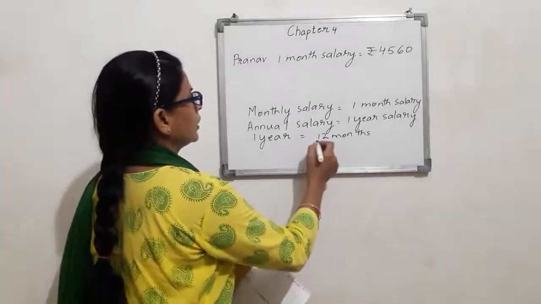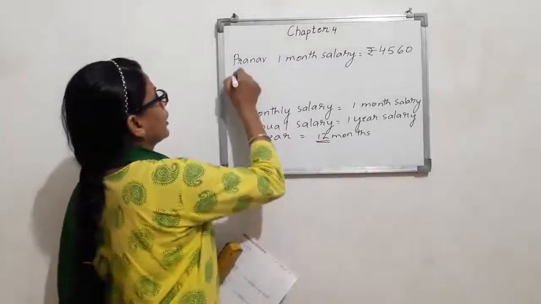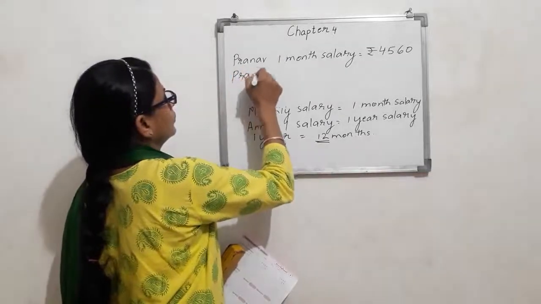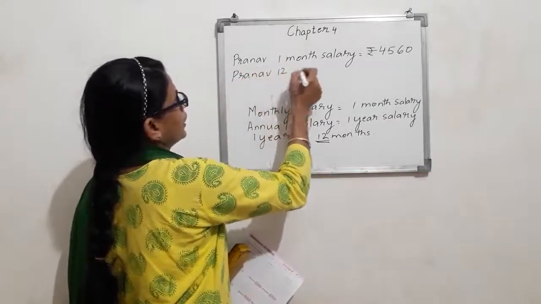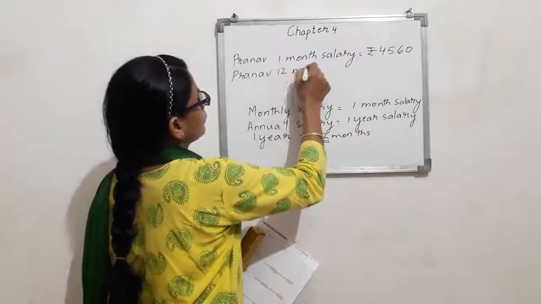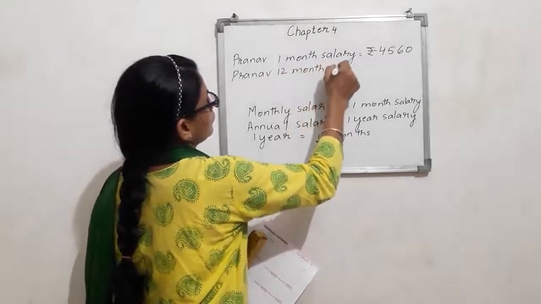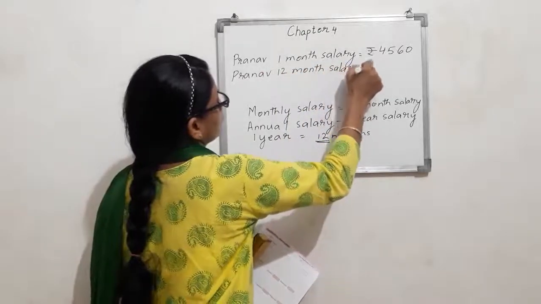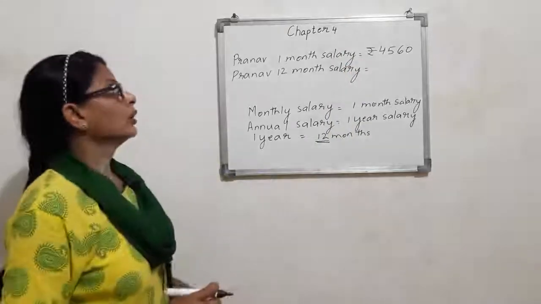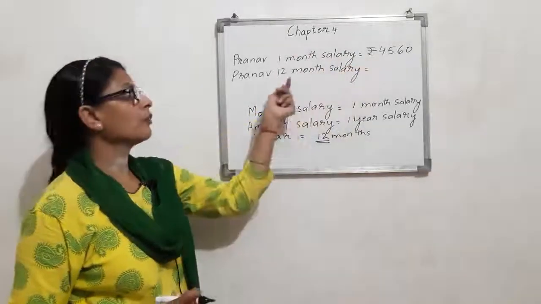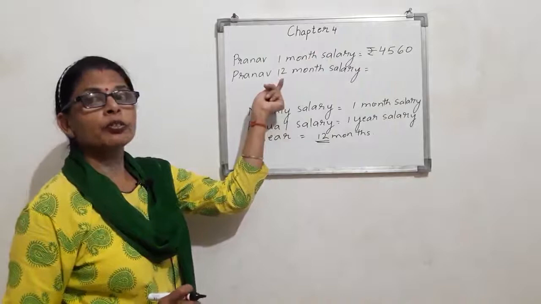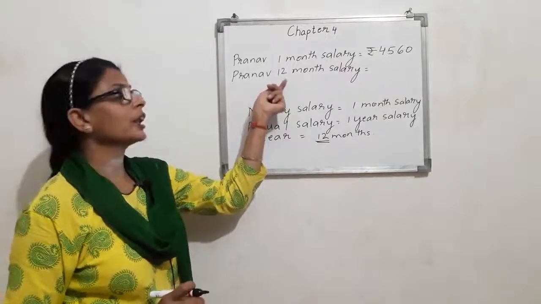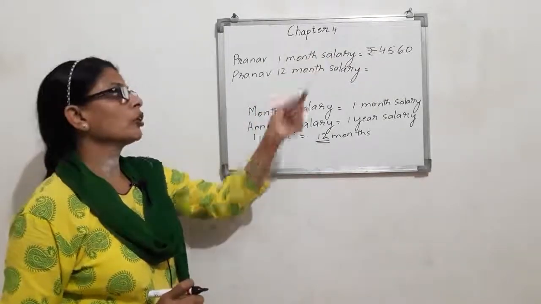Annual salary means 12 month salary. One month salary is given and we have to find the salary of 12 months. Means we have to find the salary of more. So what do we have to do?